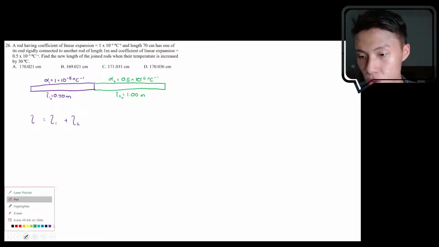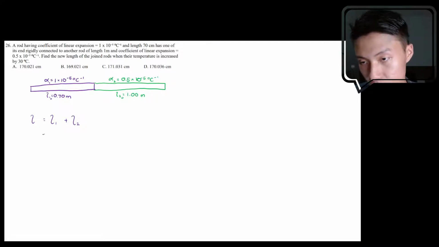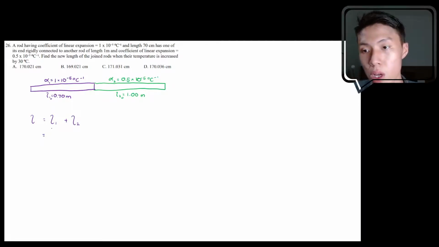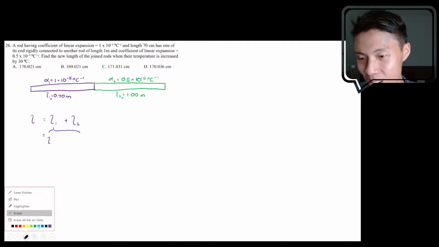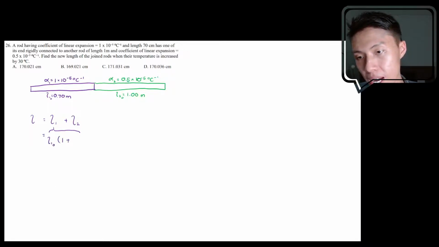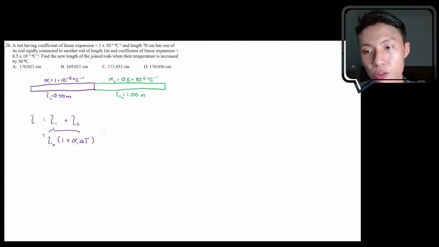Let's continue. We expand the final length for rod 1 and for rod 2. We know that for rod 1, you can find its final length by saying it is equal to the original length of rod 1, L1 naught, times 1 plus alpha delta T. Alpha is the coefficient of linear expansion for rod 1.